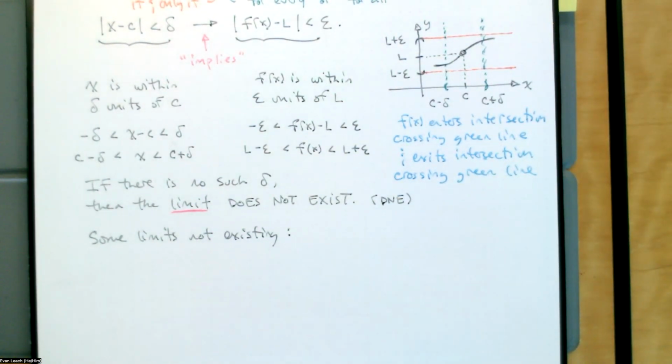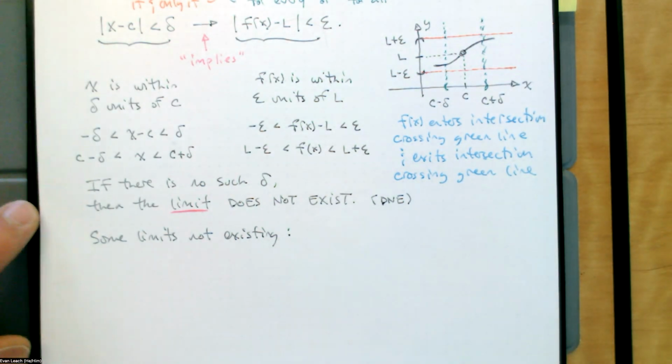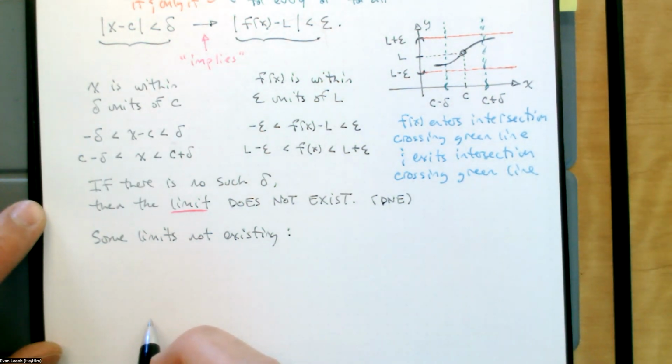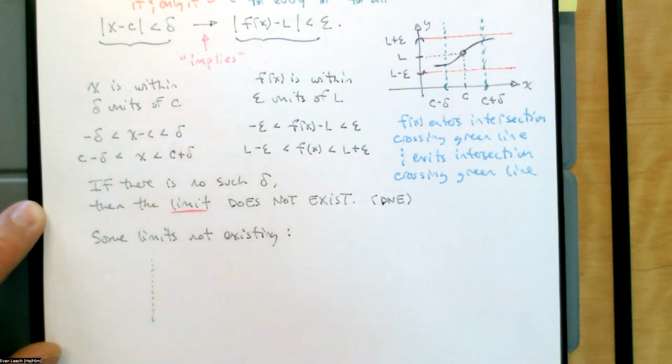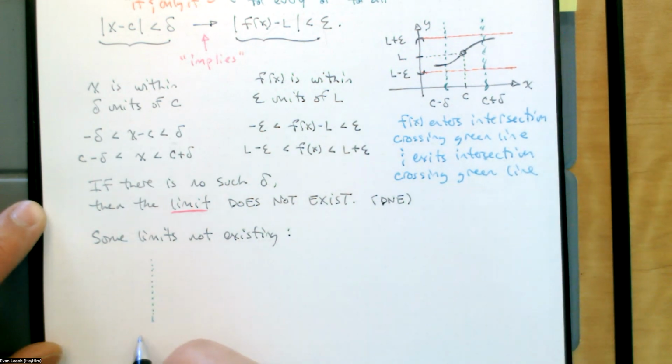We're just going to draw some limits that don't exist. So I'm going to pick a value C, which apparently I made green. Here's one way a limit might not exist, say at this point, x equals C.